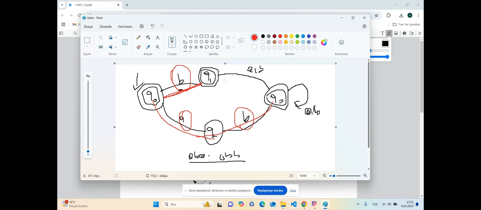States Q0, Q1, and Q3 are accepting states here.